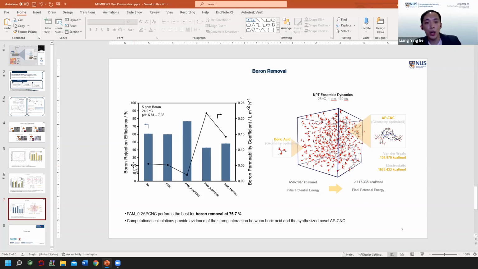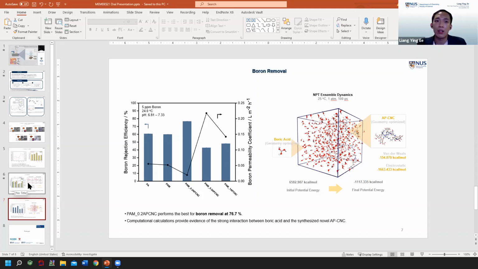Okay. I believe that complexation of the boric acid towards the hydroxyl group would be one of the more dominant mechanisms that we can look into. However, I also believe that with the additional layer of APCNC, we observe a decrease in the water permeability. That would also tell us that the APCNC layer could have covered some of the pores formed in the polyamide layer itself.